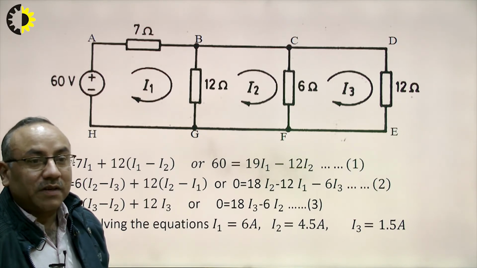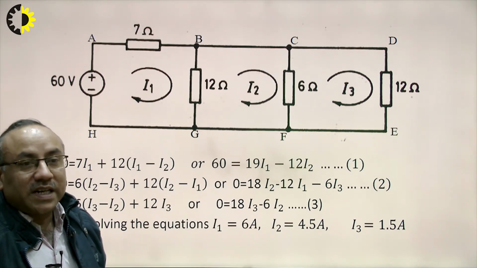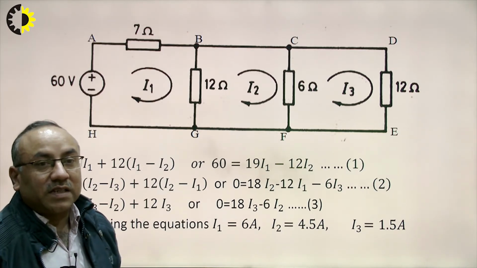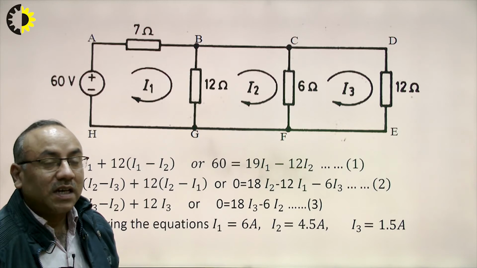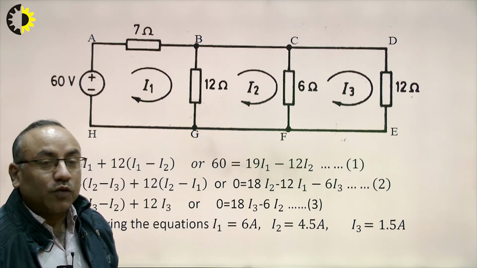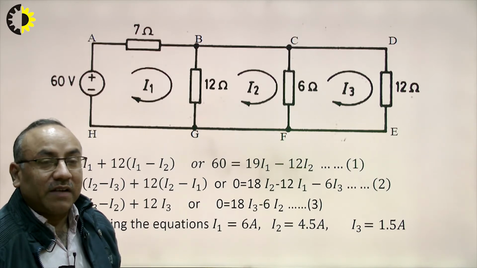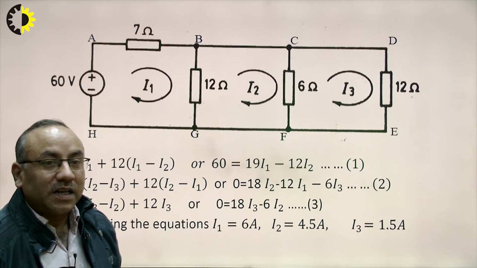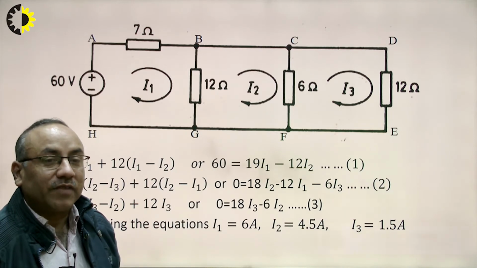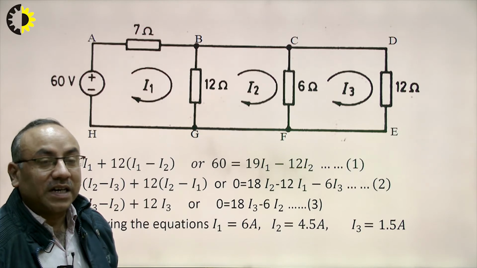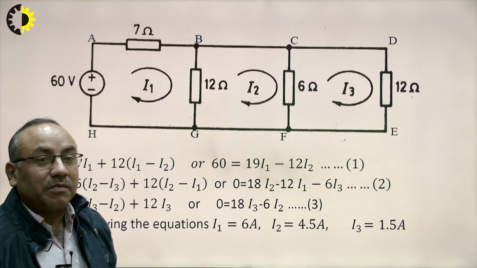For mesh number 1, the equation will be 60 equal to 7 I1 plus 12 times (I1 minus I2). Since in the 12 ohm resistance, the 2 currents I1 and I2 are passing simultaneously, where I1 is going in the downward direction through the 12 ohm and I2 is going in the upward direction, as per the orientation of mesh current I1 in the first mesh, the net current in this 12 ohm resistance will be I1 minus I2 in the downward direction.